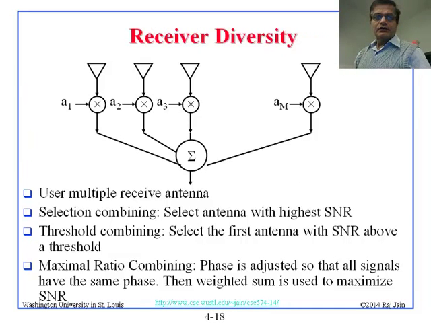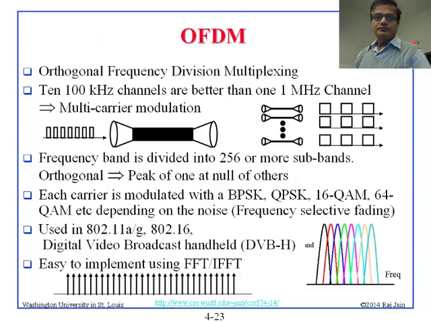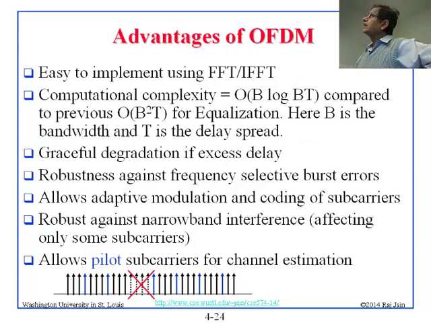All right, so it is now B log BT, which is much less compared to B square T. And graceful degradation if excessive delay. Suppose you go through many paths, that means your delay spread has become very big. This thing doesn't die totally.